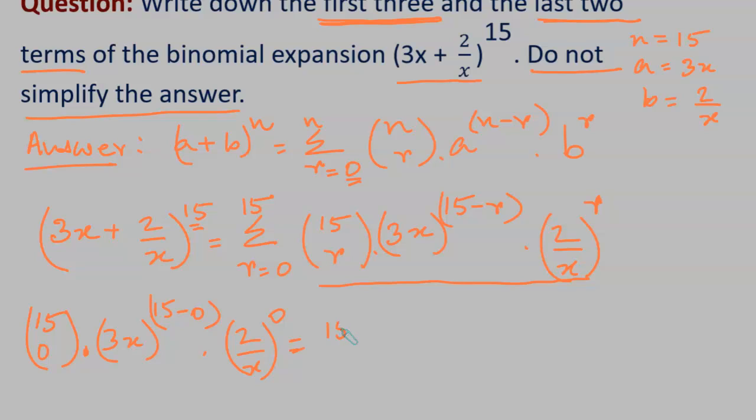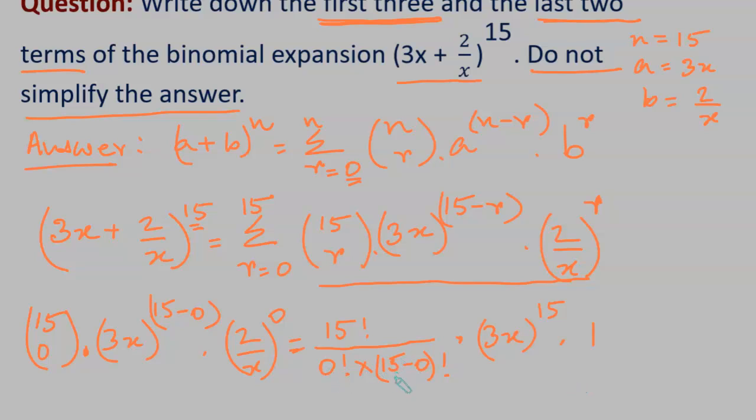It is 15 factorial over 0 factorial times (15 minus 0) whole factorial. You can use the calculator as well. Times (3x) to the power of 15 and (2/x) to the power of 0 is 1.